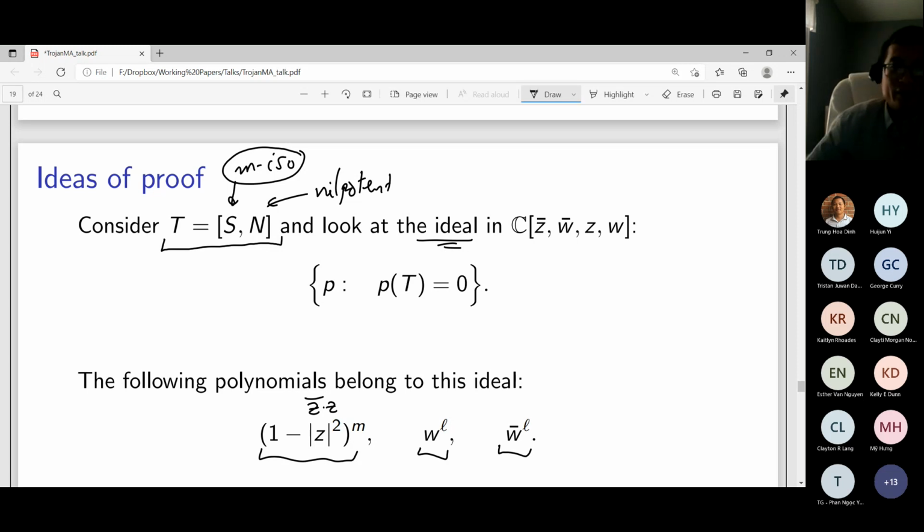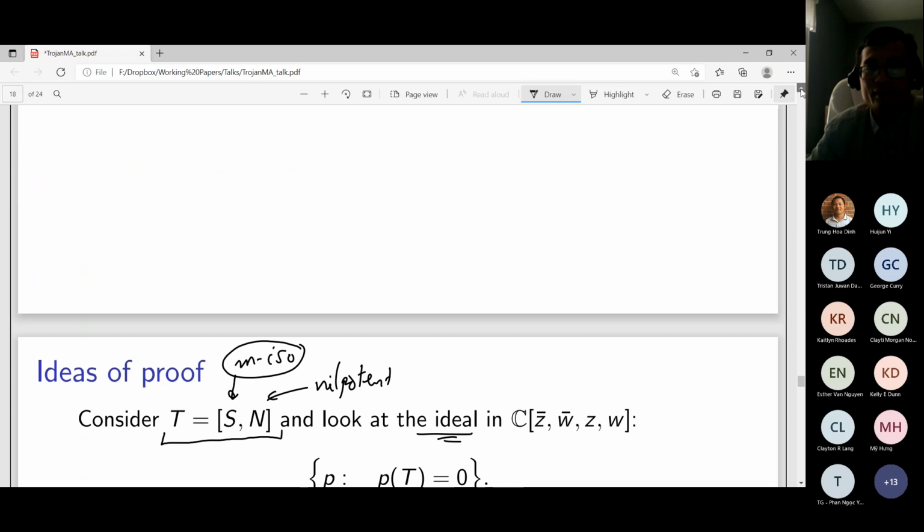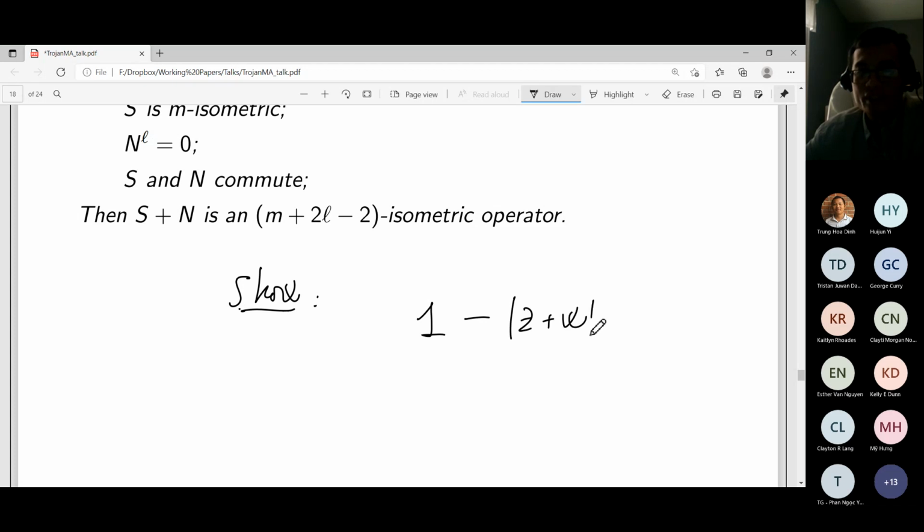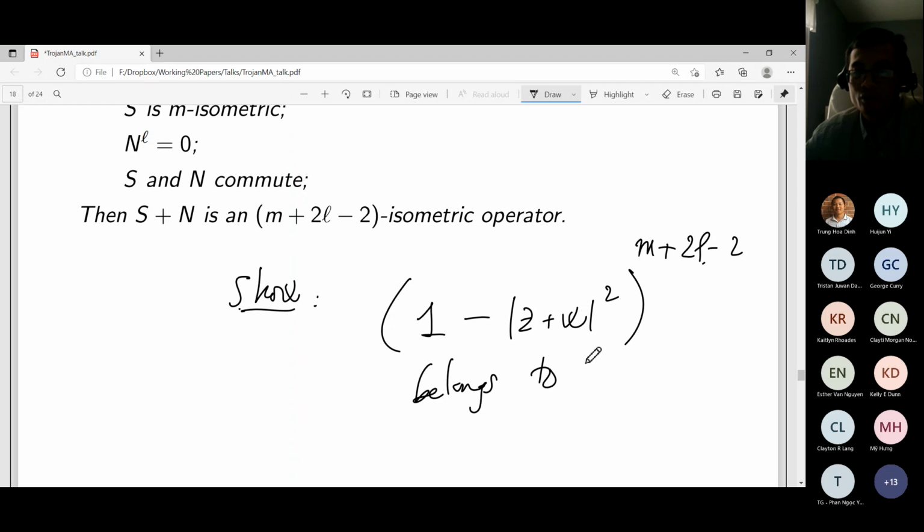What do we need to prove? We need to show that S plus N, in terms of polynomials, is represented by Z plus W. So what we want to show is that (1 minus |Z plus W|^2) to the power m plus 2L minus 2 belongs to the ideal as well.